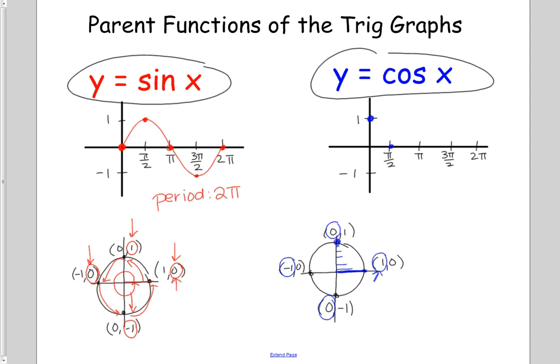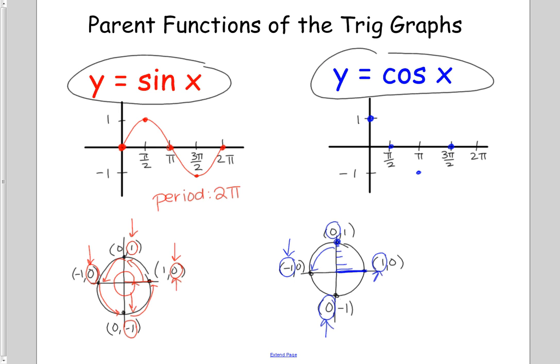As I move up towards pi over 2, my adjacent side gets shorter, so the cosine goes down to 0. As I move into the second quadrant, my cosine dips to the negative because I'm on the left, and by the time I get to pi, the cosine of pi is -1. Then I start increasing again and going back towards 0. By the time I get to 3 pi over 2, the cosine is 0.